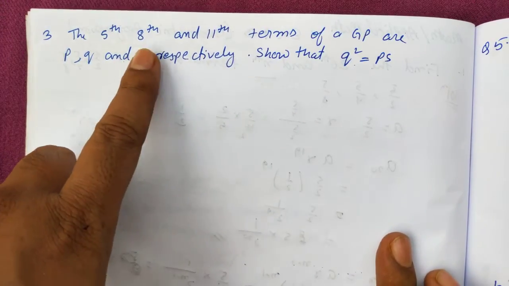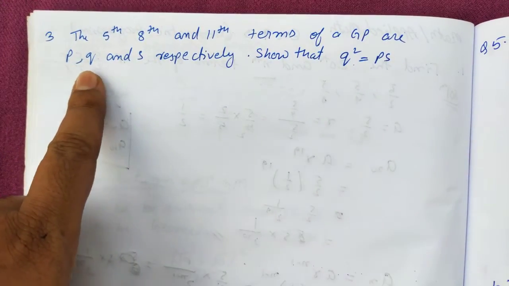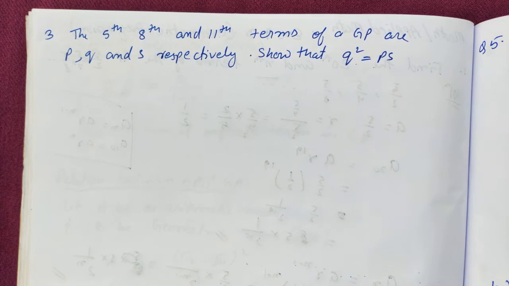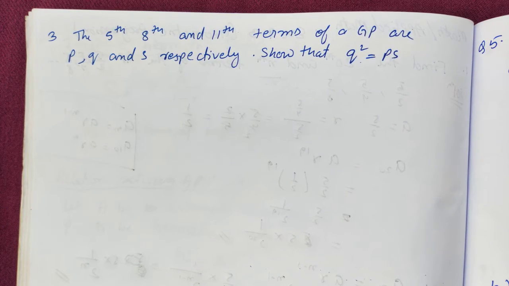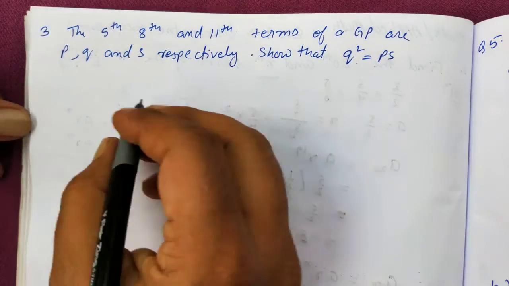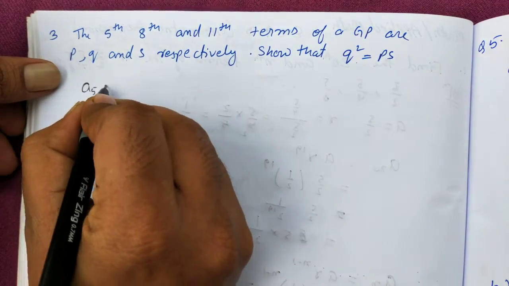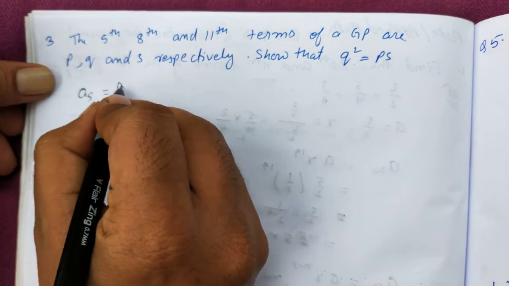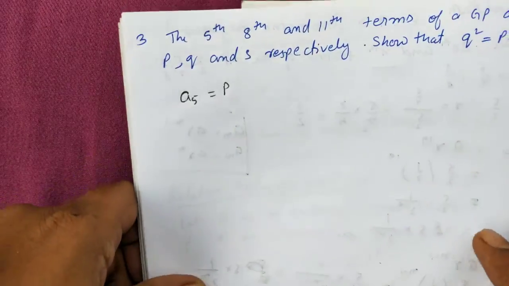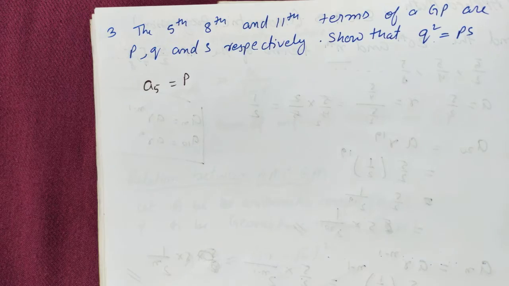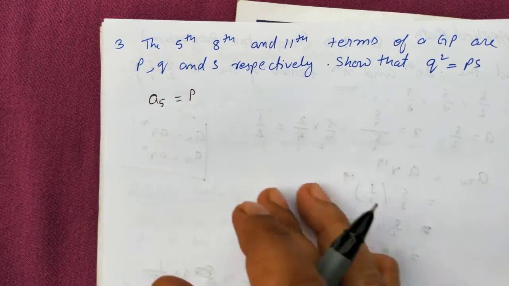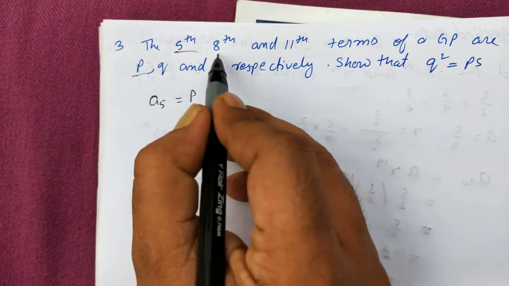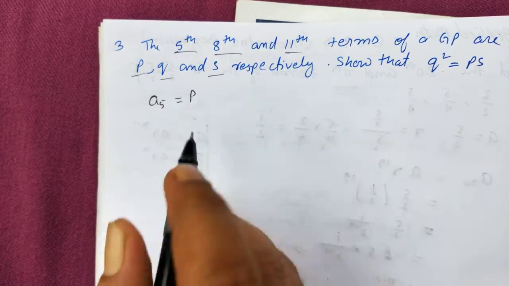The 5th, 8th and 11th term of a GP are P, Q, S respectively. So I'll just write A5 is P. The 5th term is P, 8th term is Q and 11th term is S, okay?